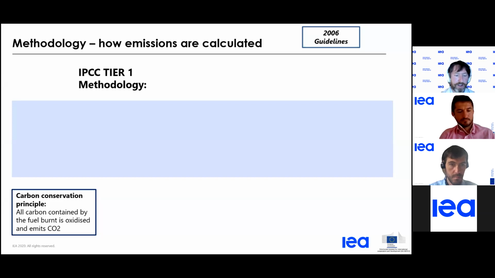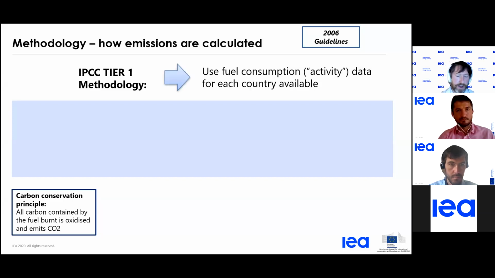The reason that the IEA uses tier 1 is that it allows us to use a comparable methodology across all countries using just the basic fuel consumption data that's provided by the energy balance, without necessarily needing to know additional details on how the fuel was burned. However, when countries themselves are submitting their inventories to the UNFCCC, they are encouraged to use higher tier methods when possible.